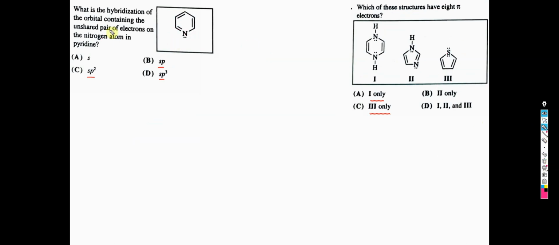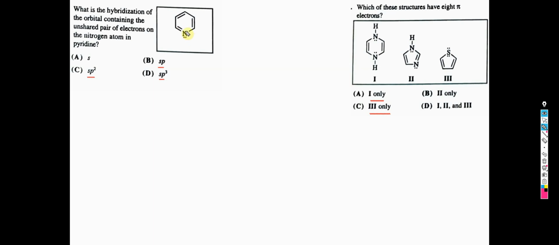This question asks: what is the hybridization of the orbital containing the unshared pair of electrons on the nitrogen atom in pyridine? This is a molecule we have seen, pyridine. It's a pretty good base, not a strong base, but a useful base. The nitrogen here is sp2 hybridized because it has a double bond.